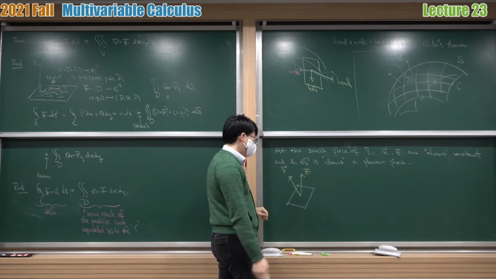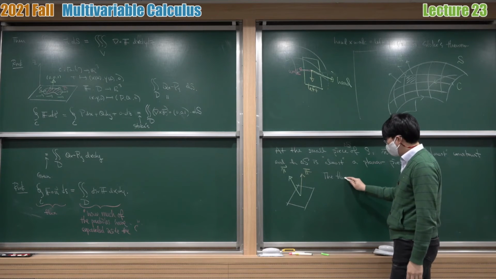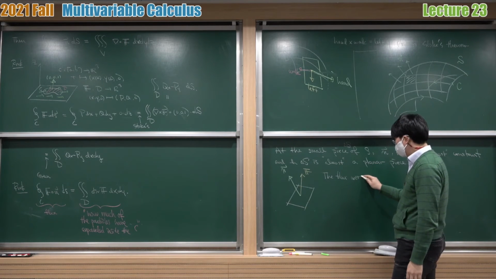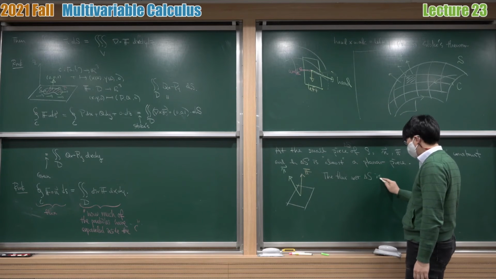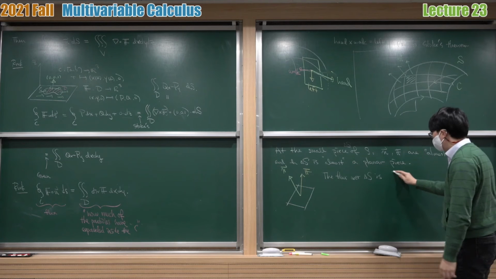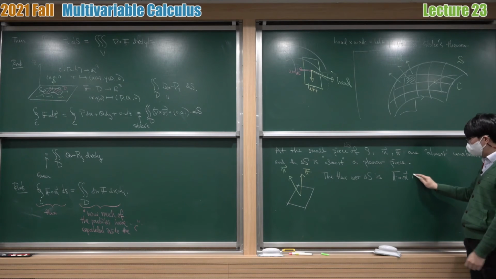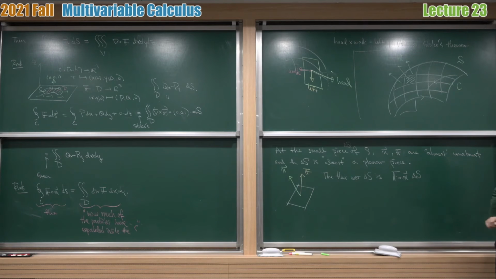Okay. Now, what's the flux? The flux over delta S is how you get the flux: F dot product n, times delta S. That's your flux. Right? So you're going to add everything.